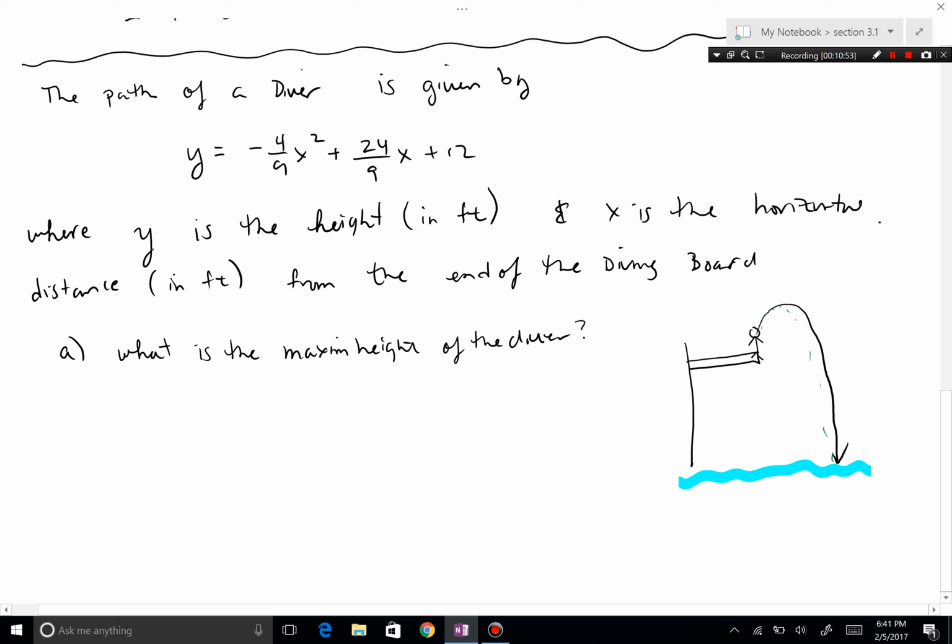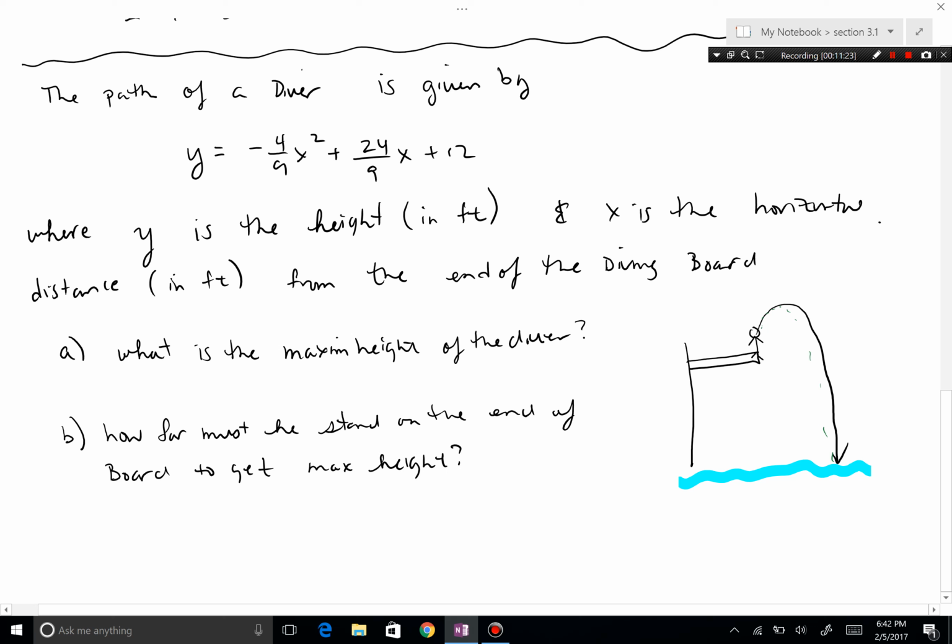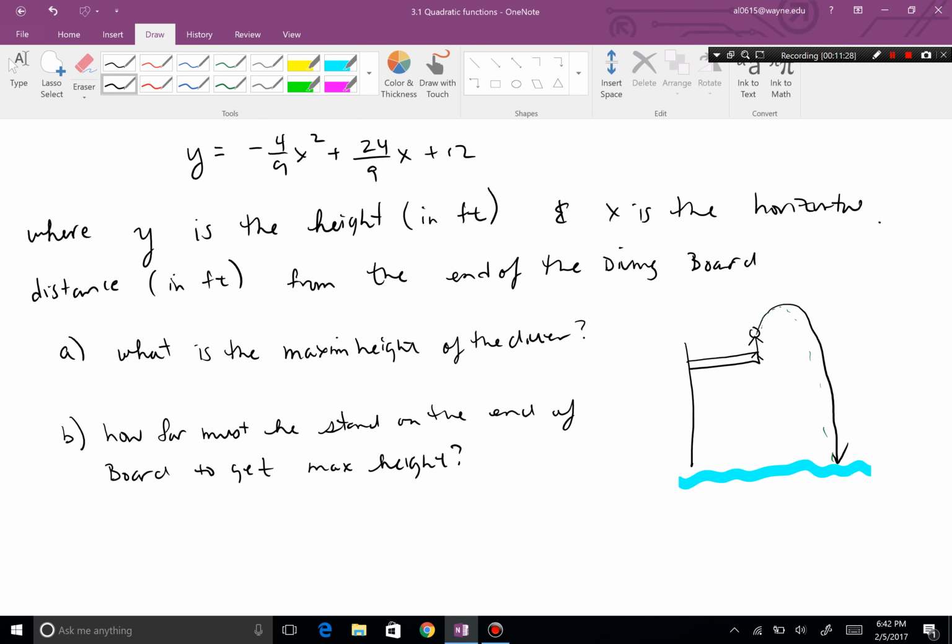So we got to figure out what the maximum height of the diver is, and then finally B is how far must he stand on the end of the board to get max height. So part of this is understanding what the question is asking us. So I'm going to try to really dig this out. It's not a hard problem at all.